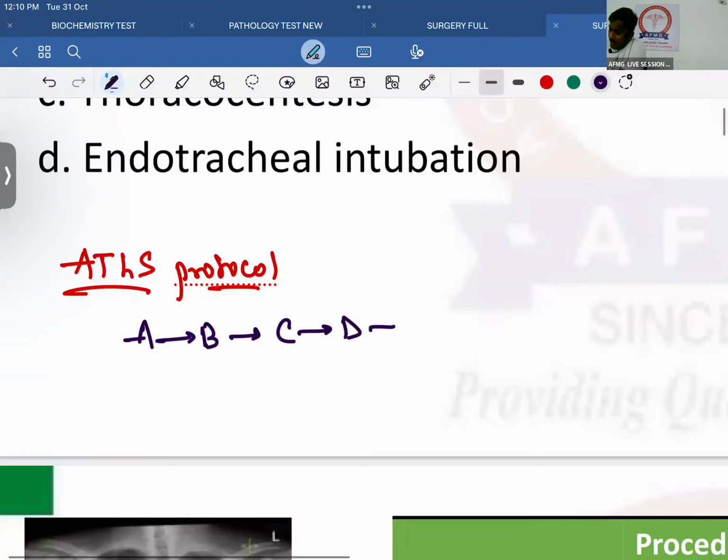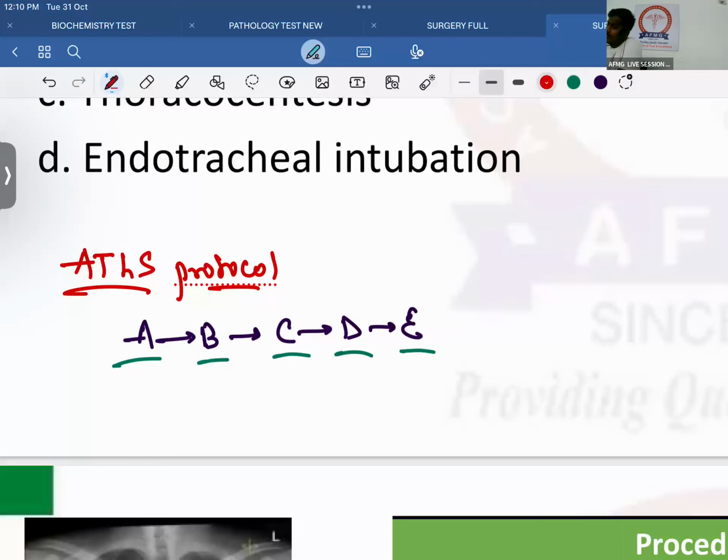A stands for airway management, B stands for breathing management, C stands for circulation management, D for disability management, and E for exposure with environmental control.